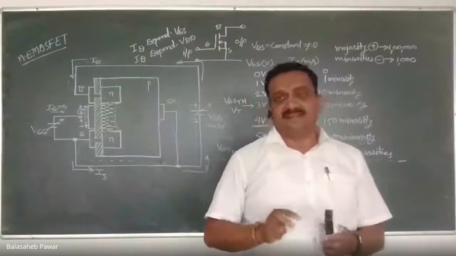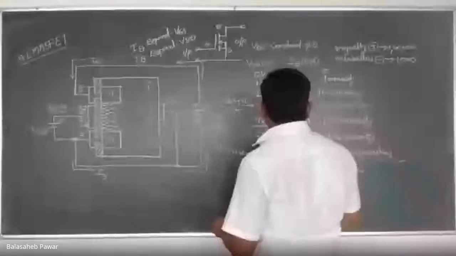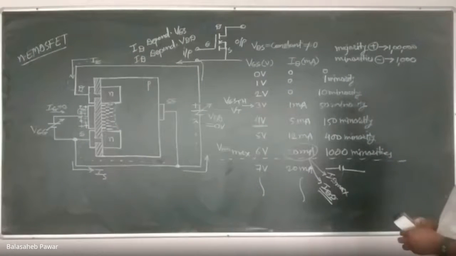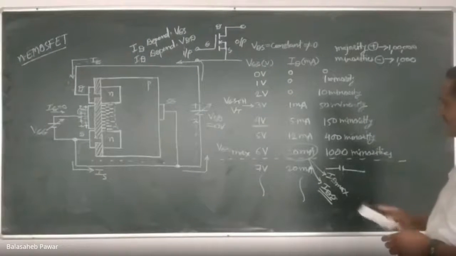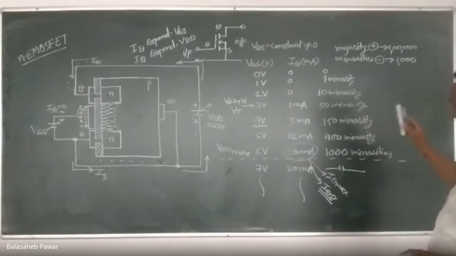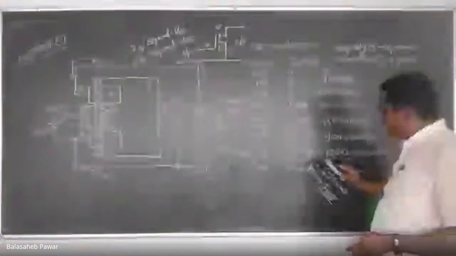So I think it will be very clear to you. I suggest you keep a snapshot of this consideration because later on we will require these values. Take that screenshot.